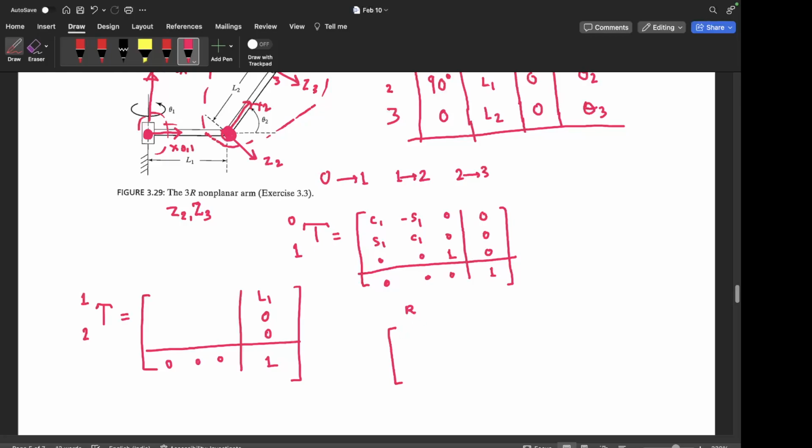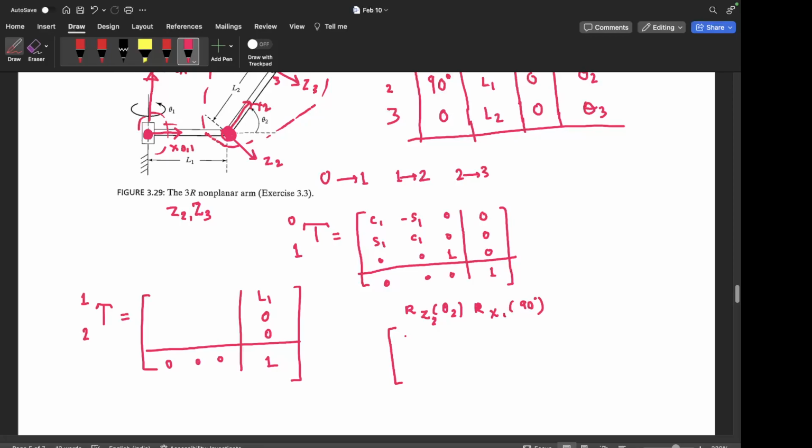So let's write it as rotation about z of theta 2, and rotation about x1 by 90 degrees.